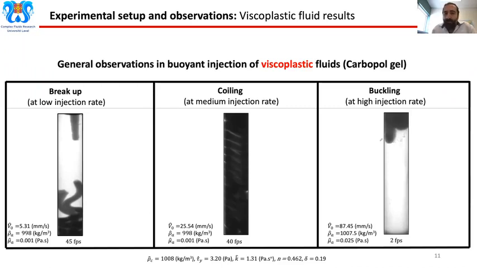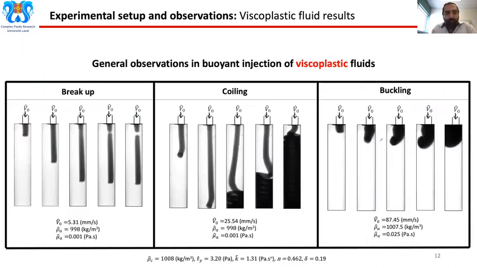So let's look at the image sequence of the same movies that I showed, just to have a better view of what's happening. We explained what happens in the different regimes, but just to repeat: in the breakup regime, the viscoplastic fluid is yielded and is broken due to extension.